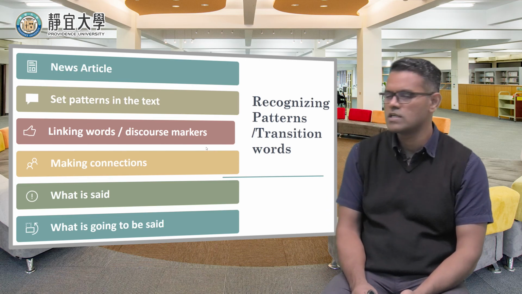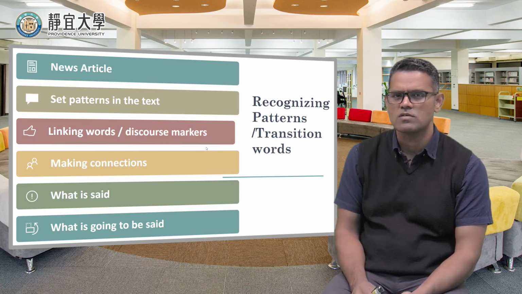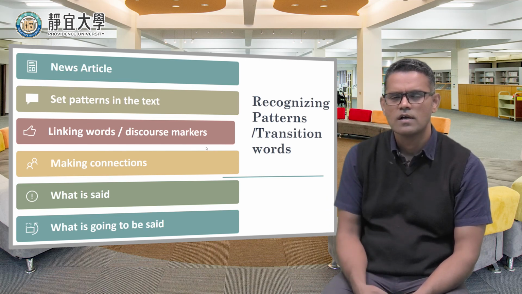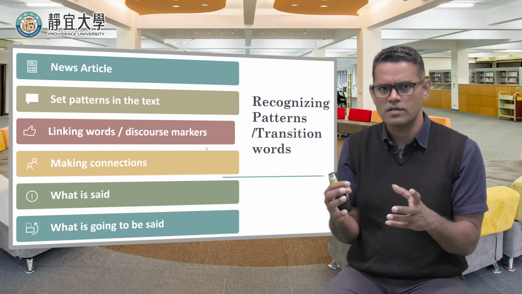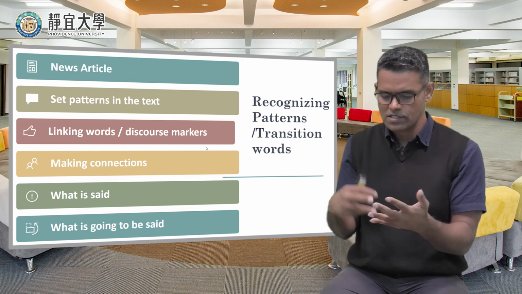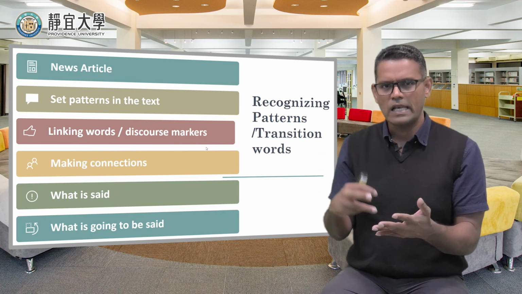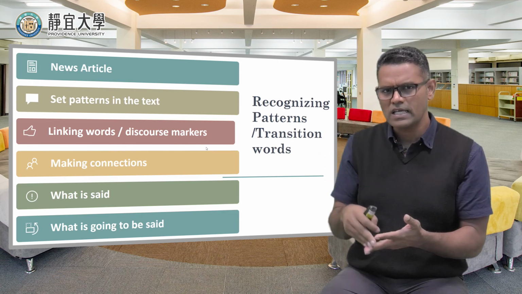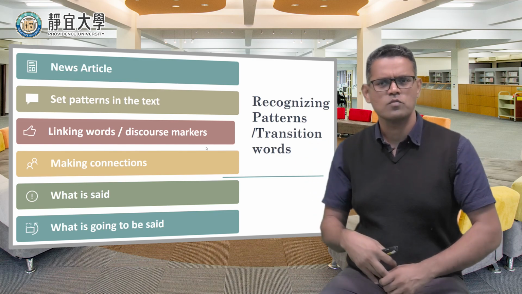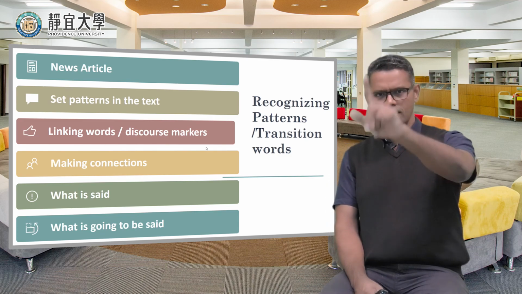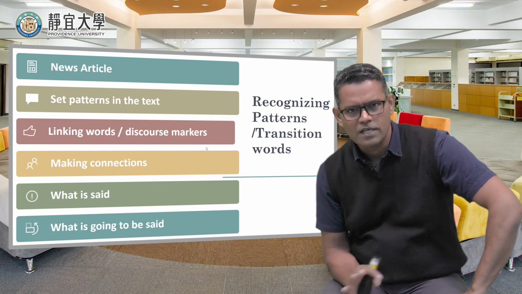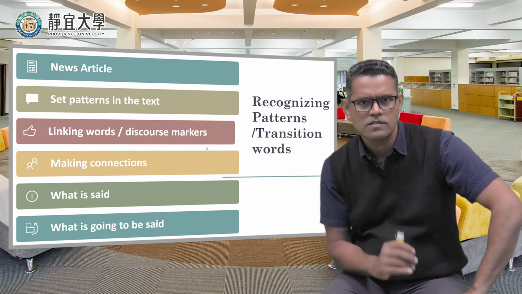And linking words are discourse markers. These are different words that we use. You can put all these together under one category: transition words, linking words, connecting words, discourse markers. There are subtle differences, but I think it's fine. Right now, you just understand that there are connecting or linking words, okay?